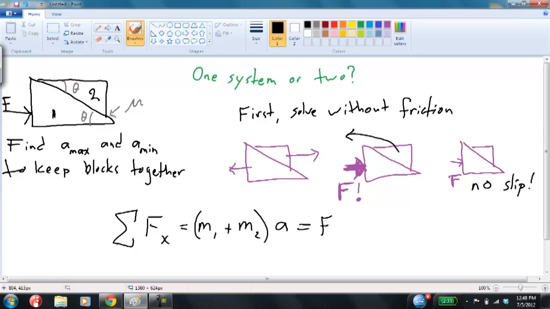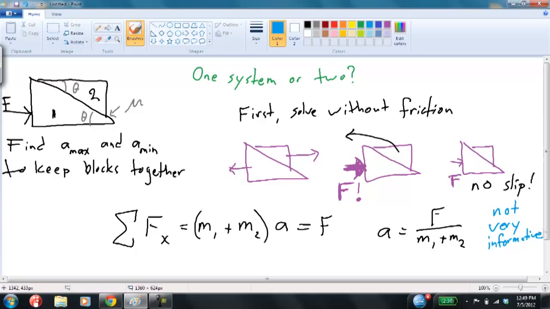So therefore, I can find A equals F divided by m1 plus m2. That tells you the acceleration that goes with F, but it doesn't tell you what any of the forces are. It just says F is related to A, but it doesn't say how big it is.